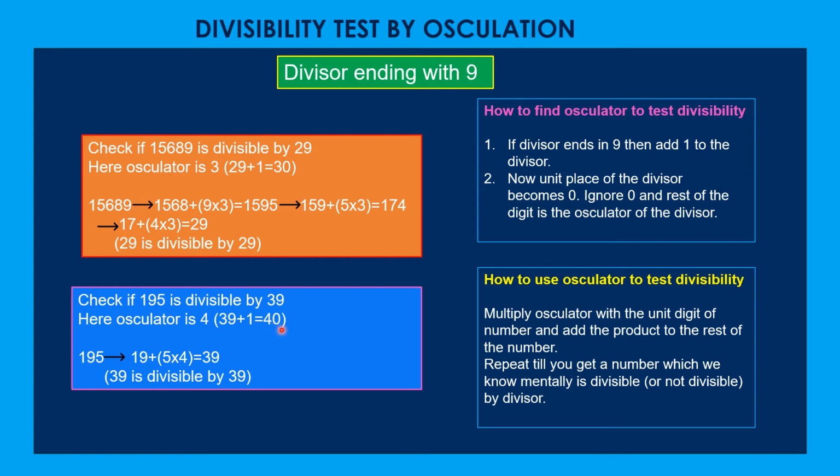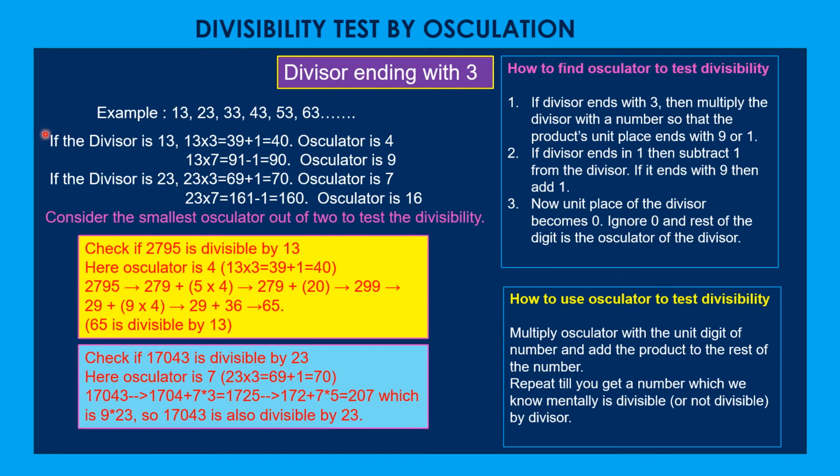You ignore the 0 and the rest of the digits, that is 4, is the oscillator. Now multiply the oscillator with the unit digit of the number, that is 5, and add the product to the rest of the number. So here you get 39. So 39 is divisible by 39, and hence your number 195 is also divisible by 39.